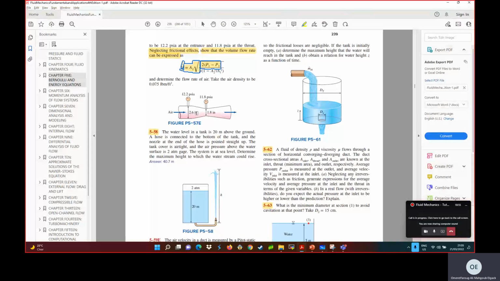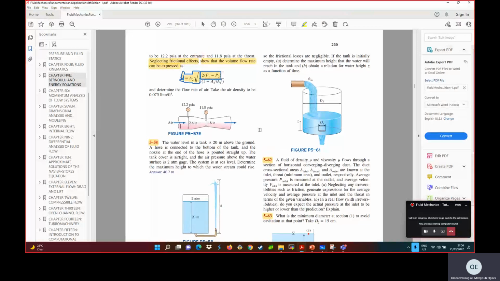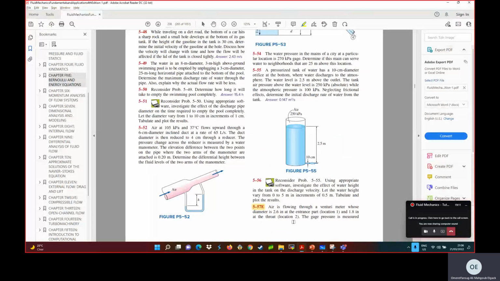It's inviscid and incompressible, and I apply it along the streamline and it's steady. And you can check here because it's air, you can check for the compressibility condition that I showed you. You have the diameter here, right?